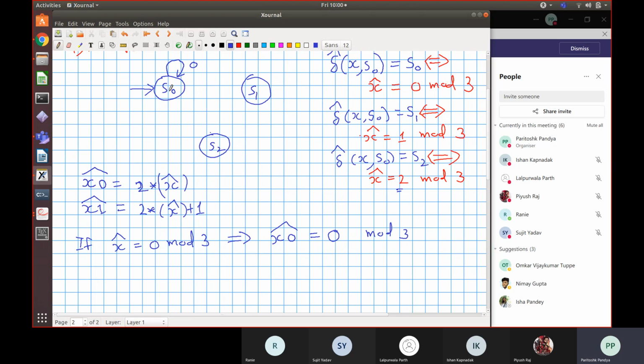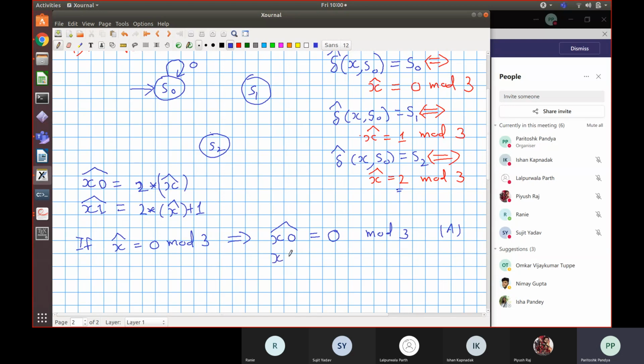Do you agree? I hope this transition is very clear to you. This property A gives you this first transition that I have drawn.